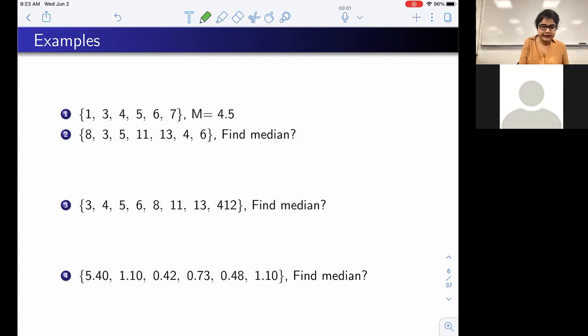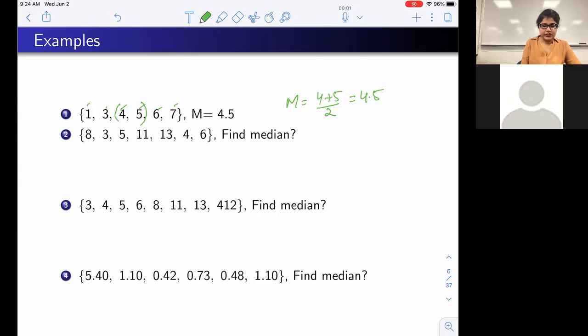We have 1, 2, 3, 4, 5, 6 values, so an even number. The center will be the two middle numbers, 4 and 5, so you take their average. Median is (4 + 5) / 2, so the value is 4.5. This is your median.